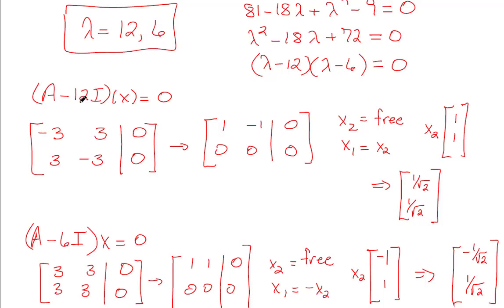For the eigenvalue of 12, I now can find its eigenvector. All that we did before. The only new thing is we're going to normalize it so that its length is exactly 1. The magnitude of this vector is 1 squared plus 1 squared, or the square root of 2.